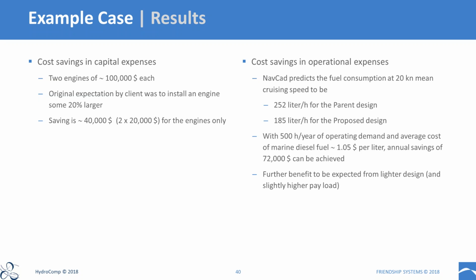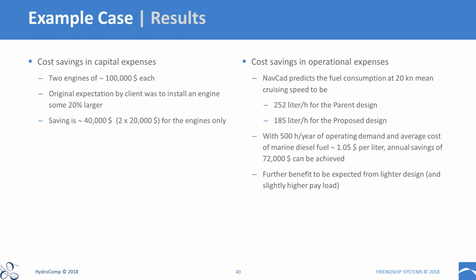When it was noticed that the vessel was going to fall short of the speed target, the original expectation of the client was to install an engine that was about 20% larger, which, if we scale linearly, is about a $20,000 increase in price per engine. So by not having to install a larger engine, the saving is about $40,000 for the engines only.